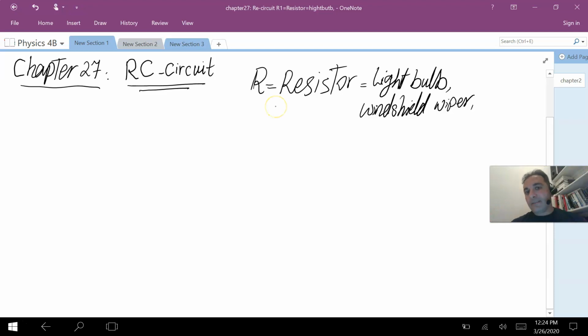So R is resistor. What is resistor? It's consumer. Light bulb is consumer. Windshield wiper is consumer. Defibrillator is consumer. The flashlight that you have behind on your phone, actually, for camera, it is consumer.